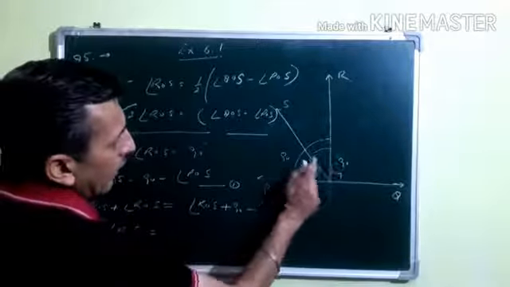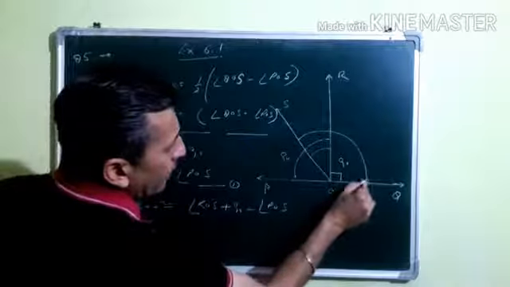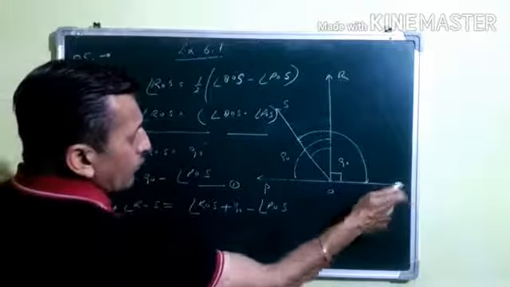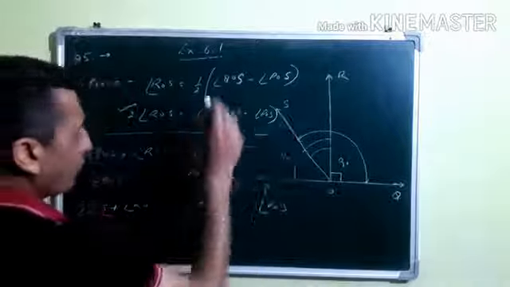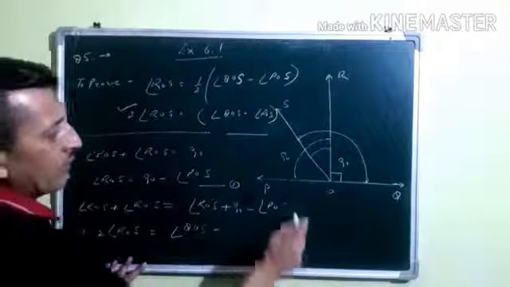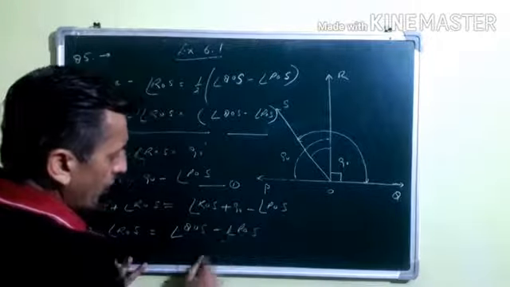This is 90 and this is your ROS. So this will be your 90 plus ROS. Done. So what is this? This is your QOS. So angle QOS minus this one, that is called your POS, minus angle POS. So this was your question number 5.